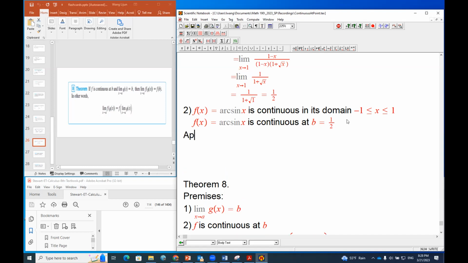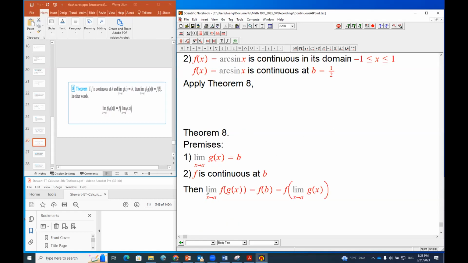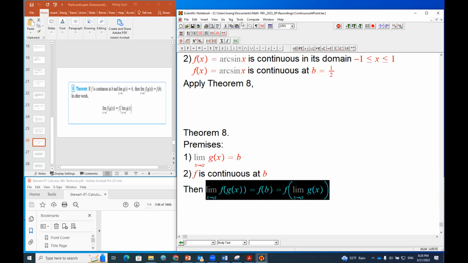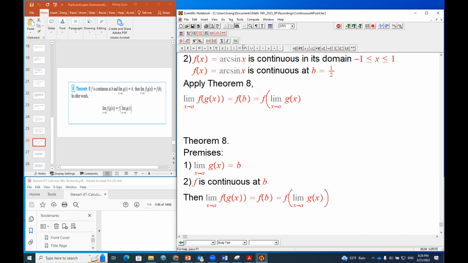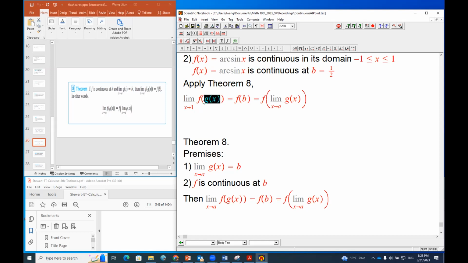Therefore, apply theorem number 8. What can we do? We can apply exactly what the theorem says. And a is 1, and this is where we put our function in place.